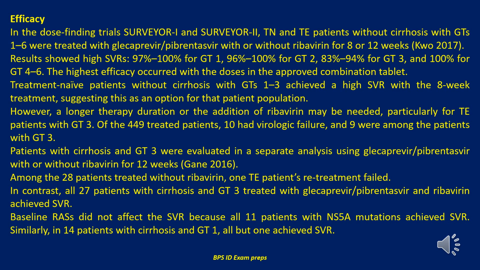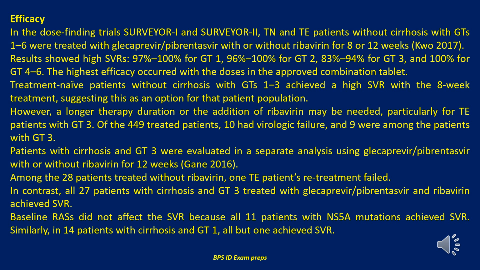Regarding its efficacy, in the dose-finding trials SURVEYOR-1 and SURVEYOR-2, treatment-naive and treatment-experienced patients without cirrhosis with genotypes 1 to 6 were treated with glecaprevir plus pibrentasvir with or without ribavirin for 8 or 12 weeks, according to Kwo 2017.